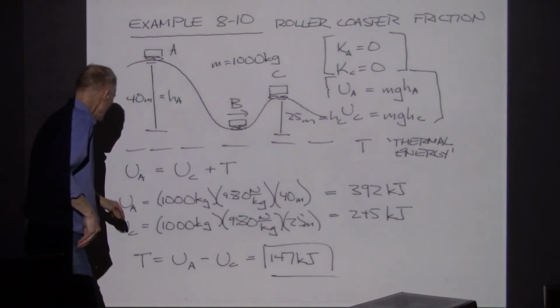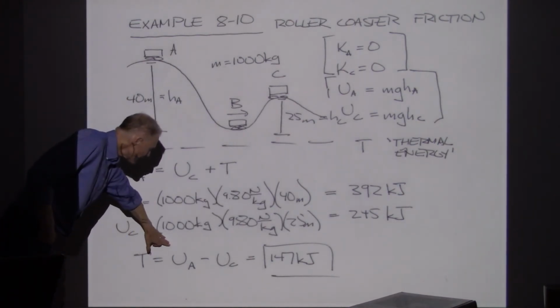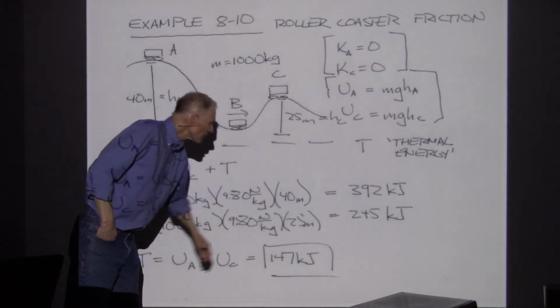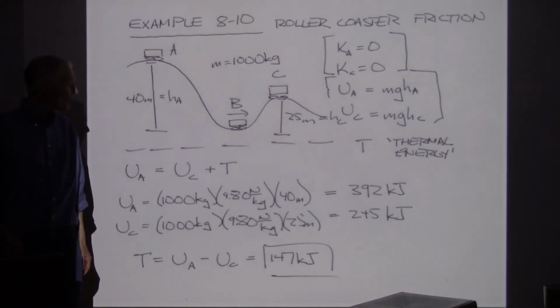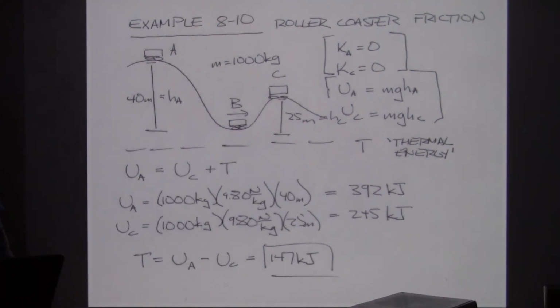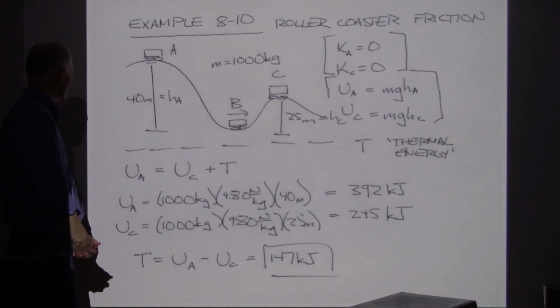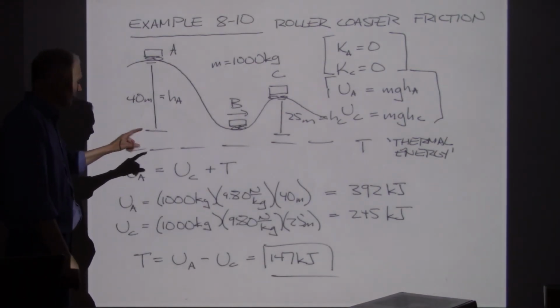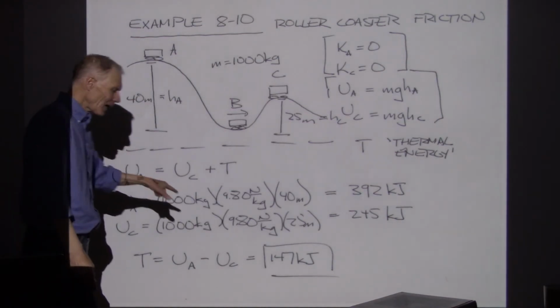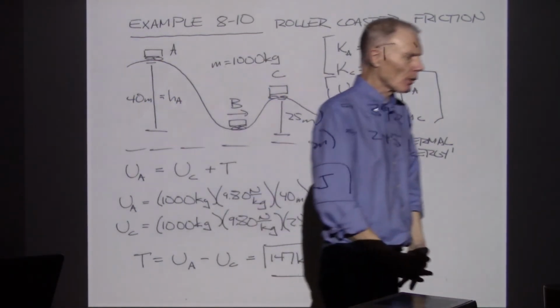That total amount of thermal energy is just the energy that's missing, and we are missing 147,000 joules, I think, is what that works out to be. So, you know, you put up the missing posters, energy missing, we're missing 147,000 joules, and that's what's happened to it. So we can certainly calculate how much energy was lost along the way.